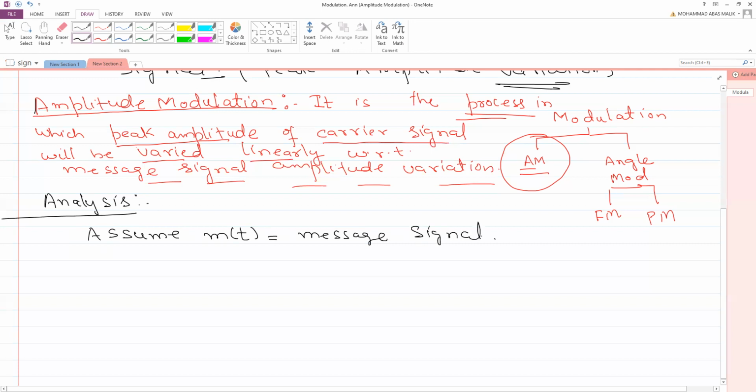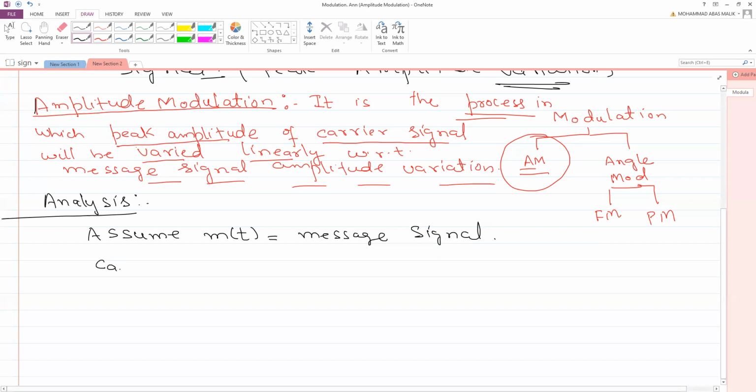Now, I told you that whenever I say carrier signal, you just remember that this must be a sinusoidal signal, because it contains only a single frequency component. So you have a carrier signal.